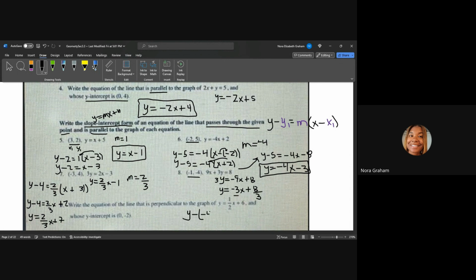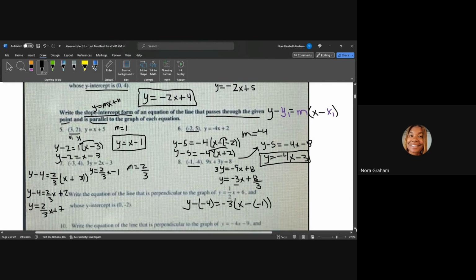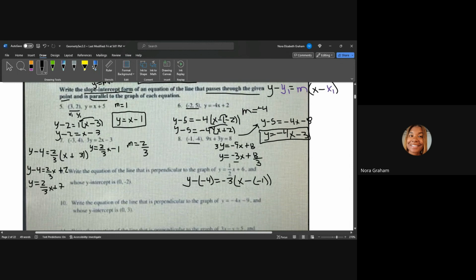Okay. Equals, my slope is negative 3, in parentheses, x minus, again, I have to account for that negative 1. Now I simplify from there.